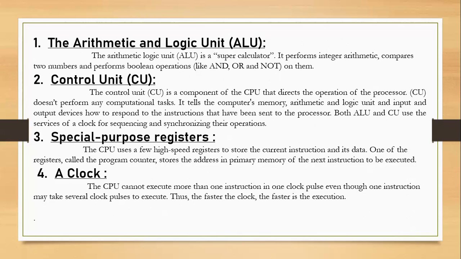It performs integer arithmetic, compares two numbers, and performs Boolean operations. The two states I discussed in the previous class are 0 or 1. Boolean means true or false, on and off. Such operations are AND, OR, NOT, and so on.